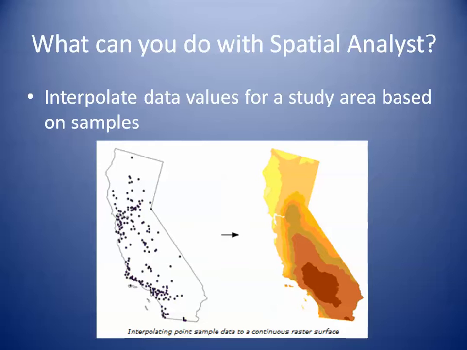But you don't have a point down in every place in California. So what do you do? You take known values and you plug them into Spatial Analyst, and what it does is it creates an interpolated surface to the right, and it is giving you its best idea of the distribution, the values of that certain phenomenon that you're trying to map.